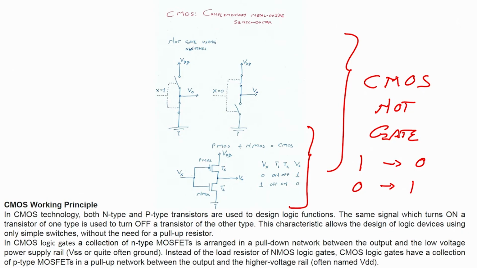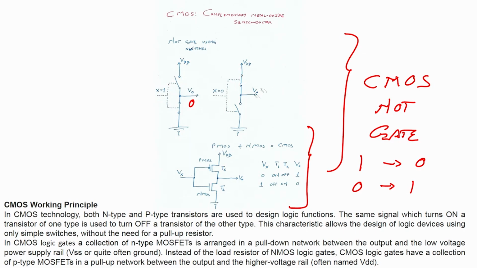How can I operate that? You see here, there is a switch. If VDD is my voltage, this is ground. If I have x equals 1, this will be open, my output would be 0. If x equals 0, this closes and my output would be 1. This is how I can see the change.